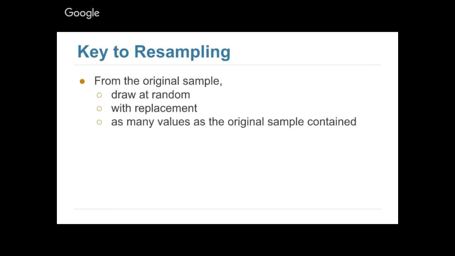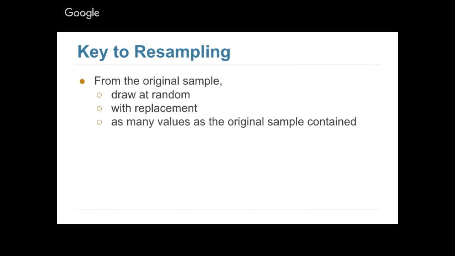So first, some rules. We're going to take my original sample and draw at random with replacement. If we draw without replacement, all we're doing is shuffling around our original rows, so we're not getting any sense of the variation in sample median. So we want to draw at random with replacement so we can sometimes get duplicate values, as many values as my original sample contained.